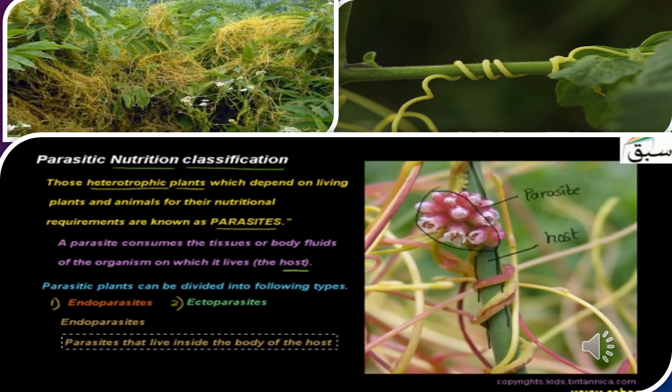This parasite can be divided into two types: the endoparasites and ectoparasites. The one you are seeing as an example is the ectoparasite, which lives outside the body of a host. Endoparasites are the parasites which live inside the body of the host.